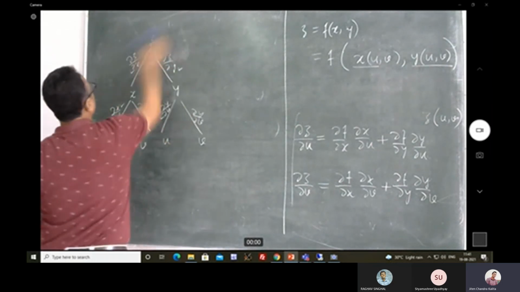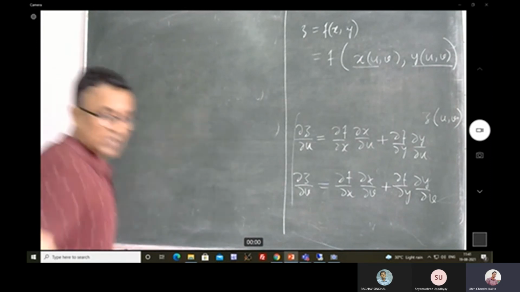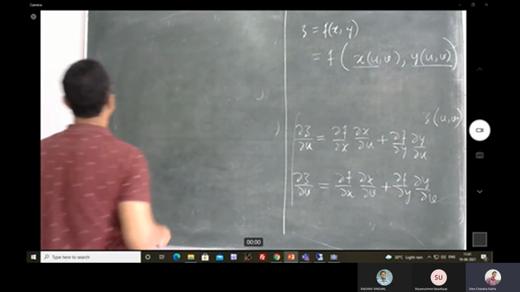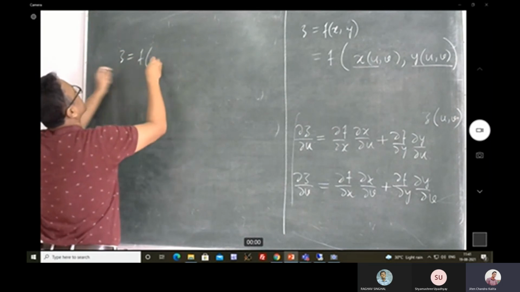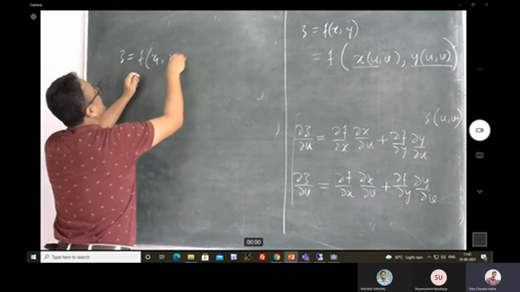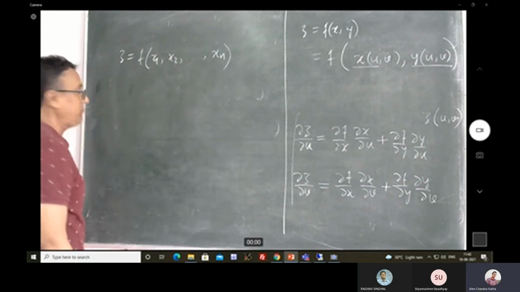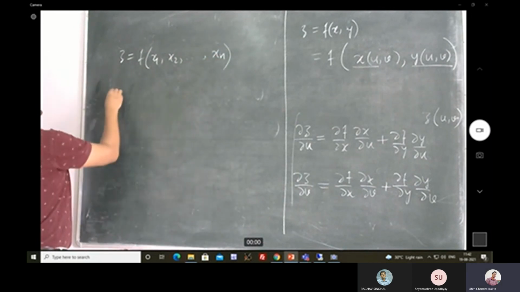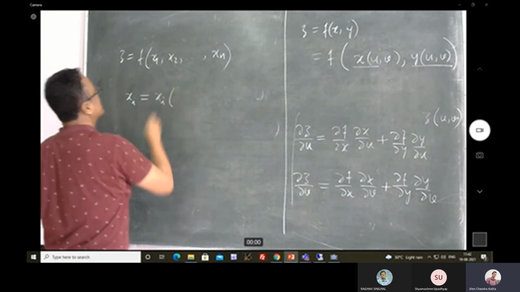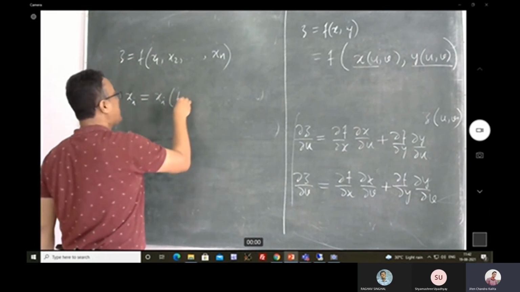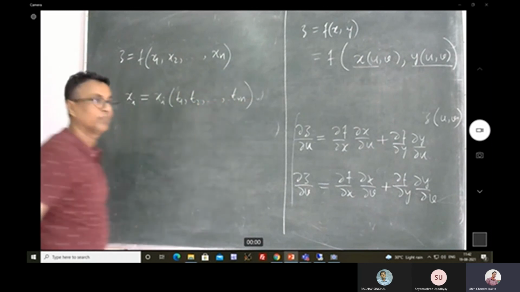Okay, fine. So now let me come to the general case. Suppose now your z is a function of n variables, say x1, x2 up to xn. Okay, fine. And each of those xi's is itself a function of m variables t1, t2 up to tm.